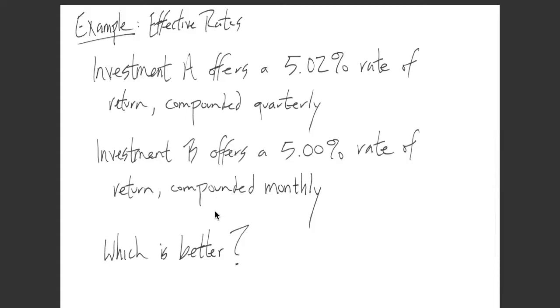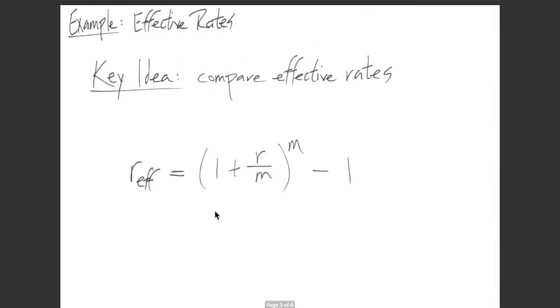So, which is better? Actually, effective interest rates are a great tool for solving problems like this because they put everything on the same scale. And so that's going to be the key idea, to compare the effective rates for each investment.